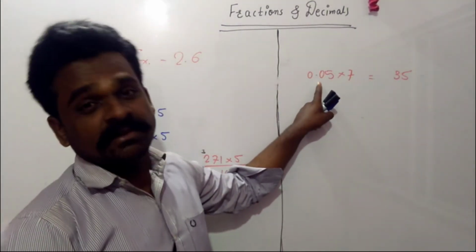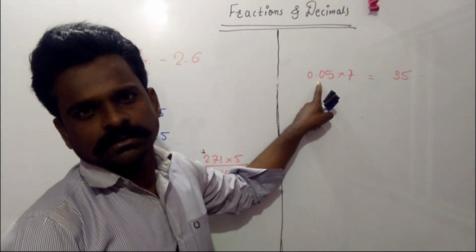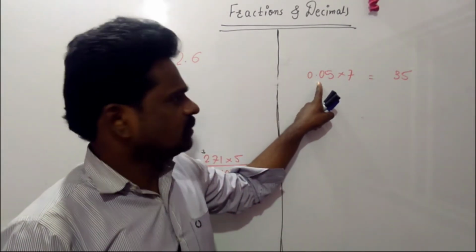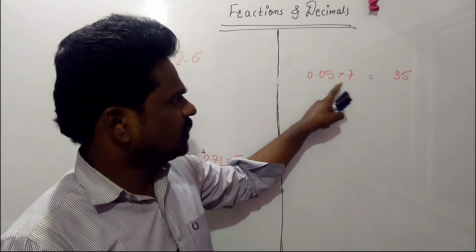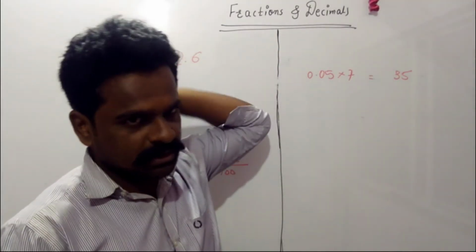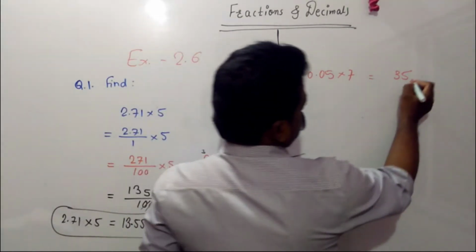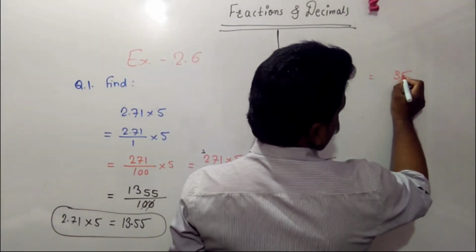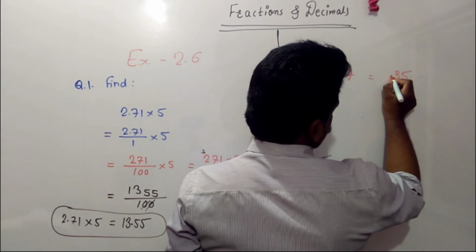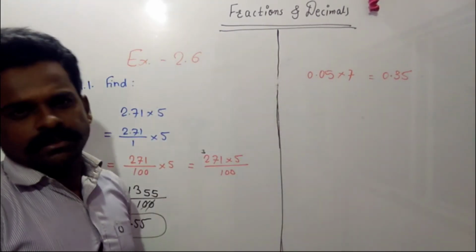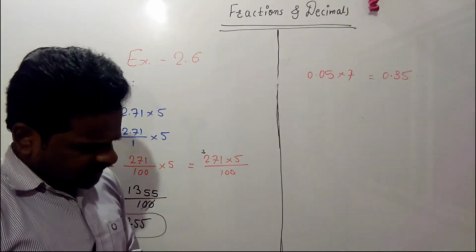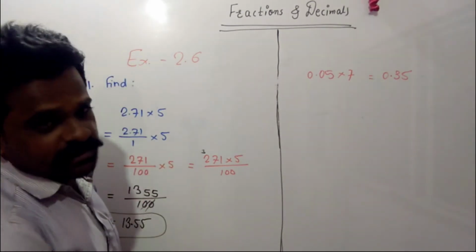Now tell me how many digits were there after the decimal point in overall multiplication. After the decimal point only 2 digits were there. So we will shift our decimal point by 2 digits to the left side. So here is the decimal point. If we shift it by 2 digits, 1, 2. And here is the decimal point in the answer. Okay, and we can do it in this way also.